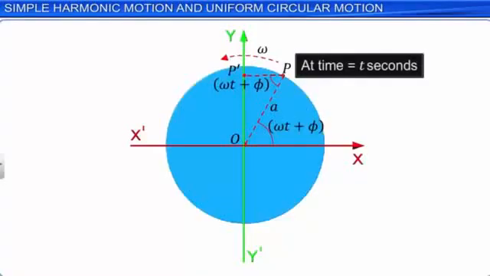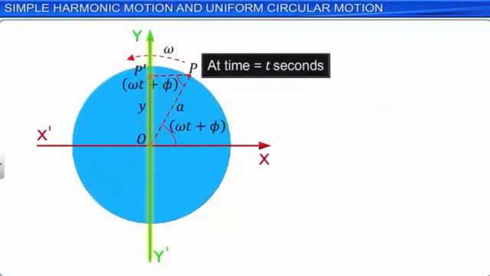Then, the displacement of the projection of P executing simple harmonic motion along the diameter of the y-axis can be written as y is equal to a sine omega t plus phi, where a denotes the amplitude of simple harmonic motion, which is the radius of the reference circle.